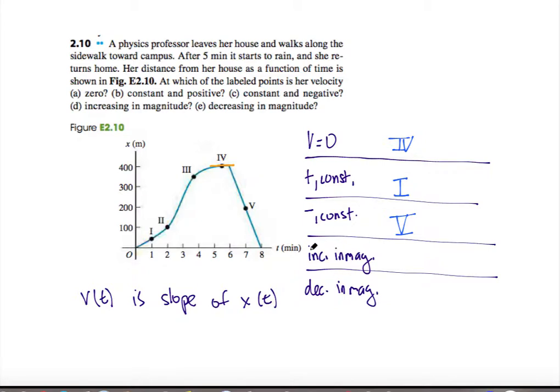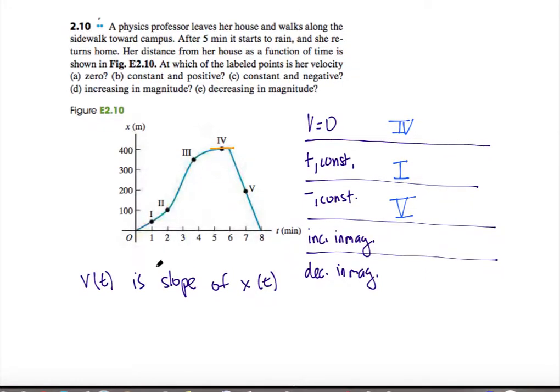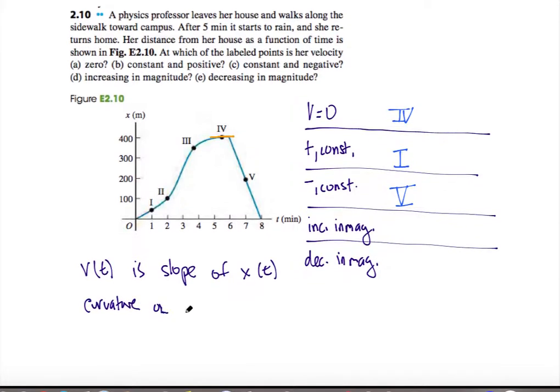So then looking at increasing in magnitude. This is a little bit more interesting to think of. If you are familiar with calculus, the second derivative of a graph is also known as curvature or concavity.